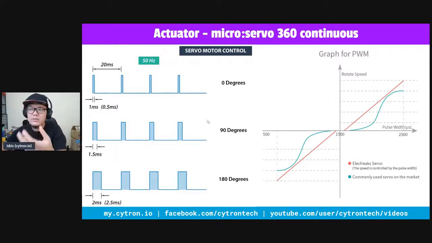So the way to control the servo is still the same, just for a continuous servo motor it changes the degrees to the speed.